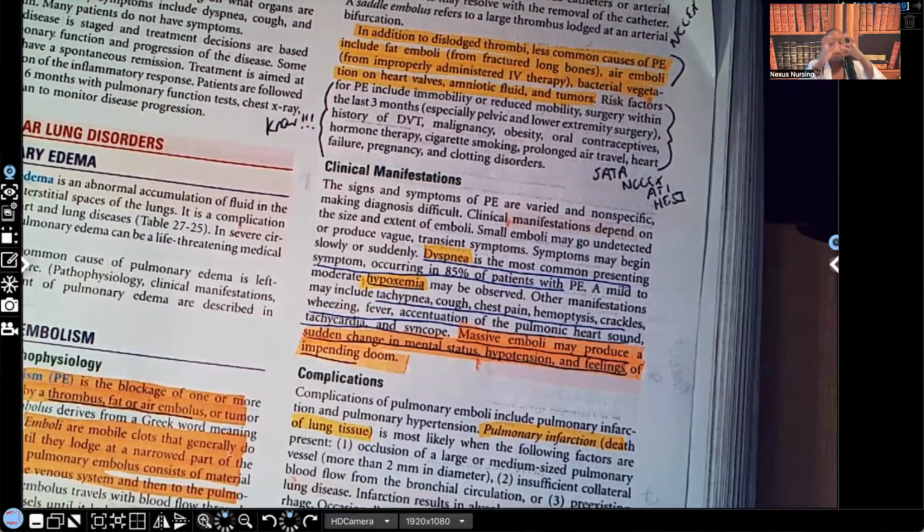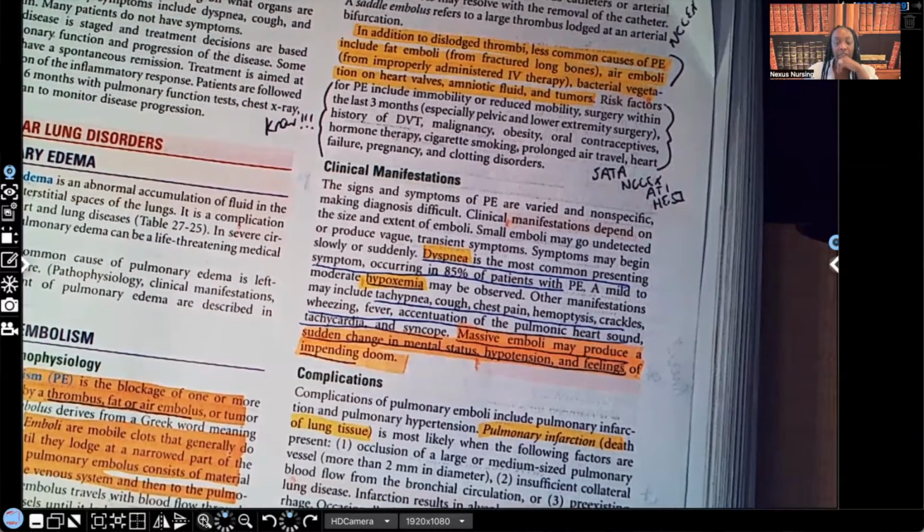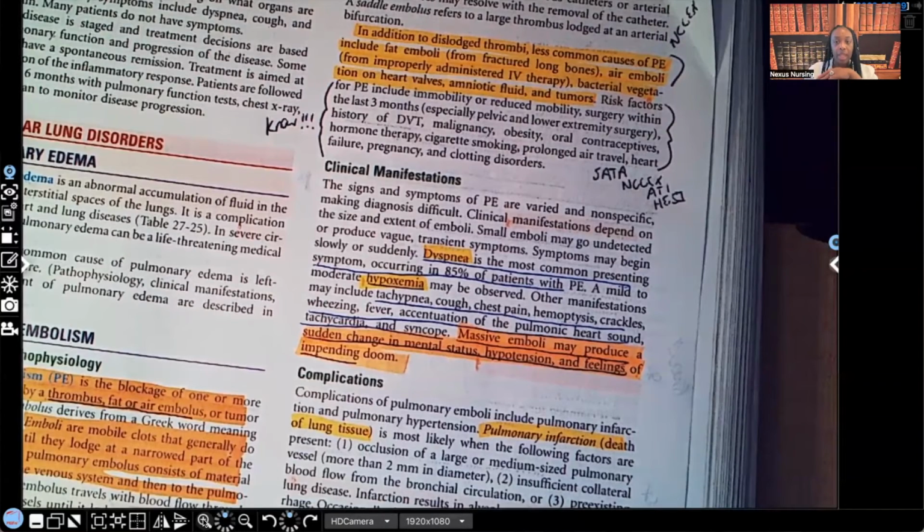Bacteria loves to clump up in that area. They love to go wherever there's a foreign body. So that bacterial vegetation where they clump up, it might break off, and guess what? Go directly to the lungs. That's what they mean when they say bacterial vegetation on heart valves.